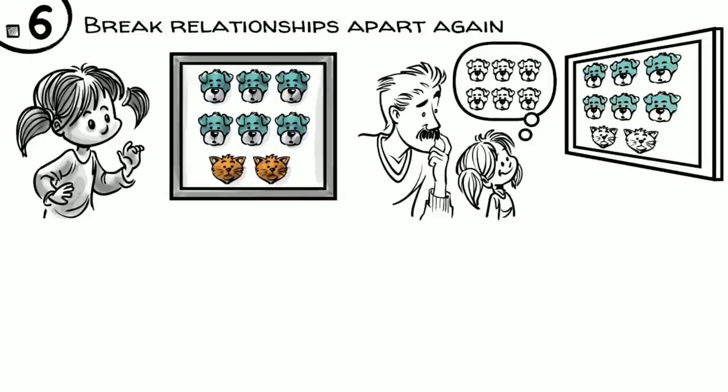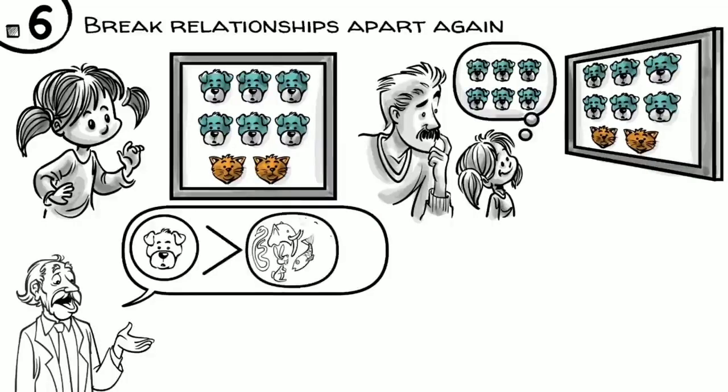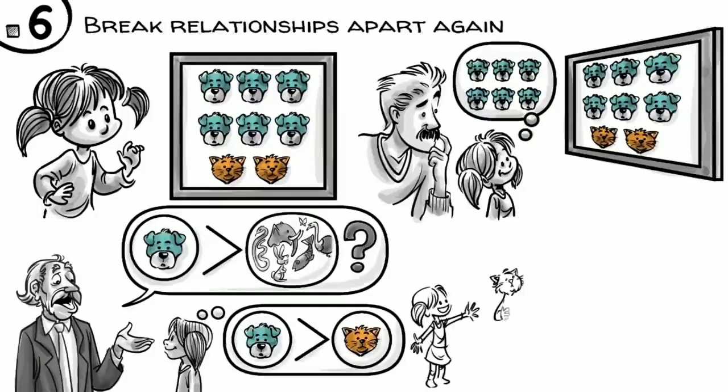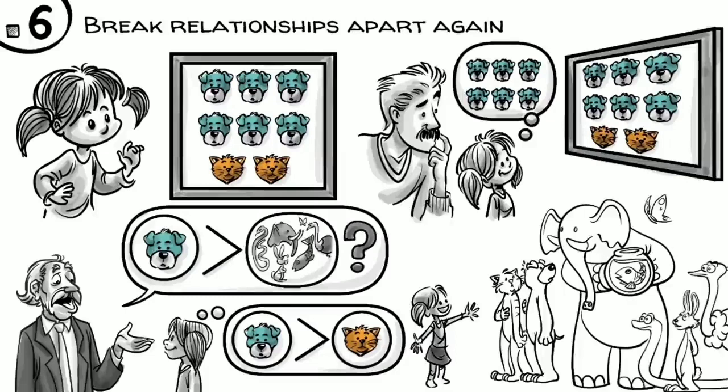When you ask further, more dogs than what? The child replies, than cats. In other words, if you ask, are there more dogs or more animals? The child hears, are there more dogs or more cats?